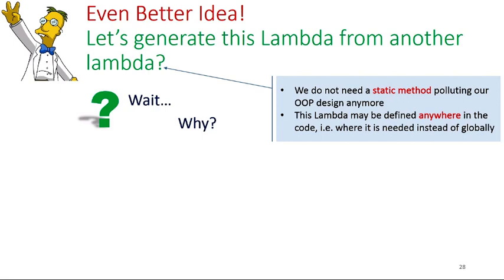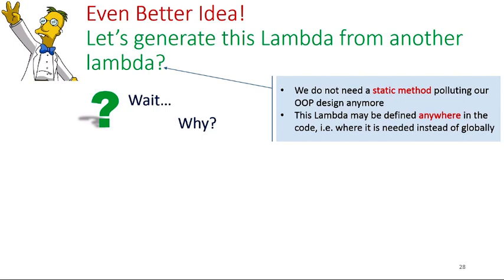Okay, fine, I'll define it as a static method. Where do I define it? Where is the class for all my utility static methods like that? So suddenly you have utility classes that pop up all over your code that really do not belong.